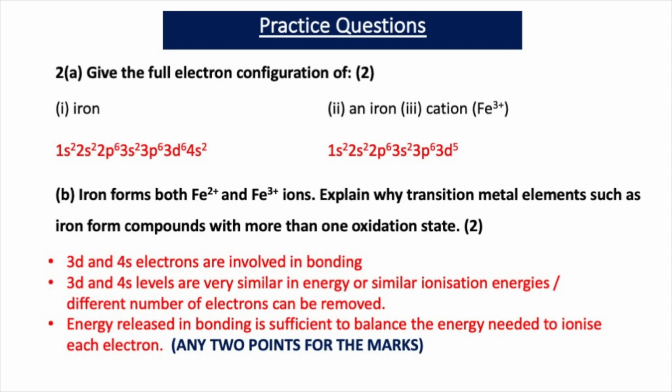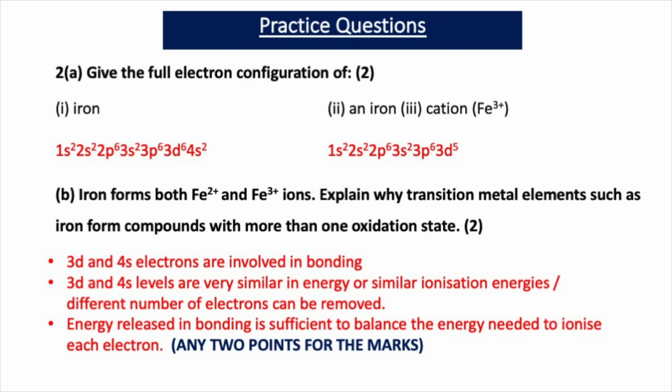So for question 2, you're asked to give the full electron configuration of iron and an iron 3 cation, Fe3+. So for iron, the electron configuration is 1s2, 2s2, 2p6, 3s2, 3p6, 3d6, 4s2. And you'll remember that the 4s fills before the 3d, and this is because it's slightly lower in energy.